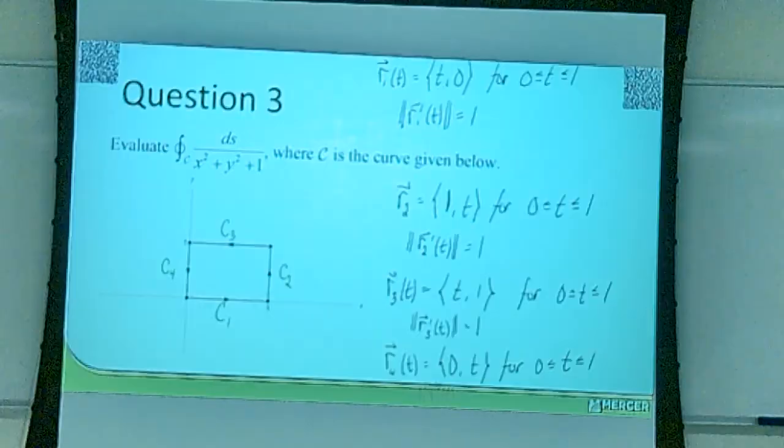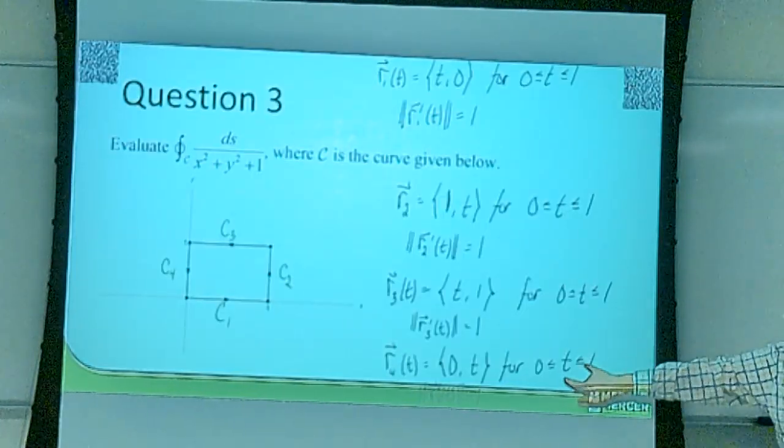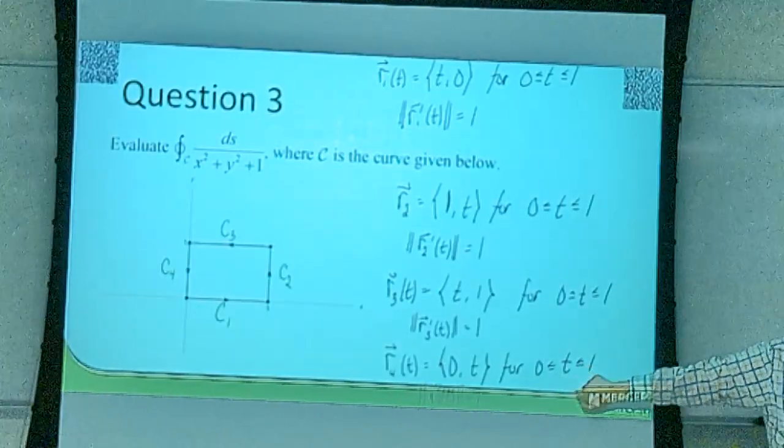So the way to write it without flipping the direction would be negative 1 to 0, but then inside would be a negative t. You could also do t naught equals 1 and t1 equals 0. You could do that. Your starting point's at 1, your ending point's at 0. But you wouldn't be able to use this kind of inequality notation, because 1 is not less than 0.